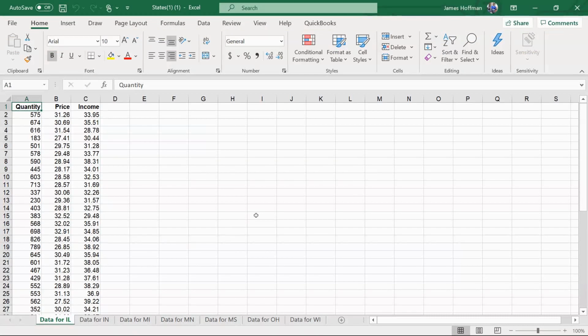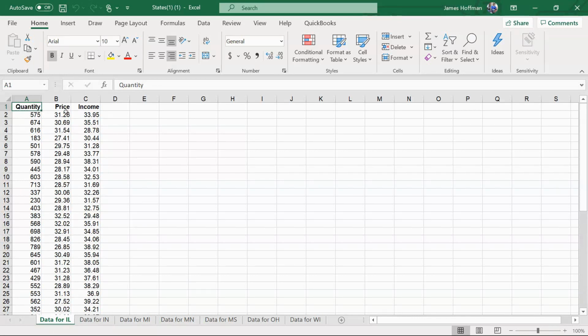Okay, so you'll see here that there's data for 7 states. You only have to do one of them, and I have another spreadsheet that assigns you just based on your last name. So whichever one you're assigned to, whether it's Illinois, Indiana, whatever, just do that one. You're only using one state. You don't have to do all 7. Okay, so here's the data.